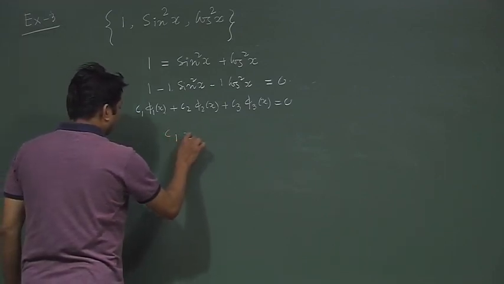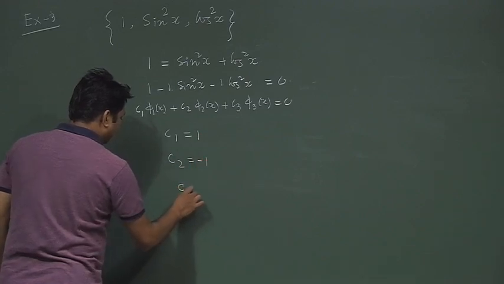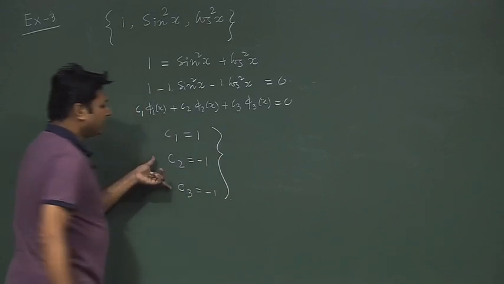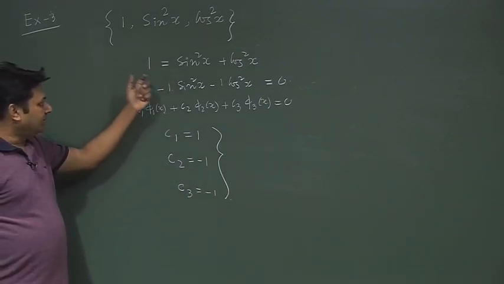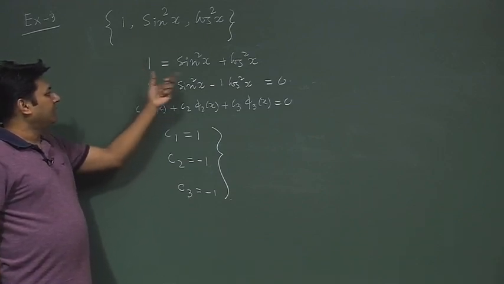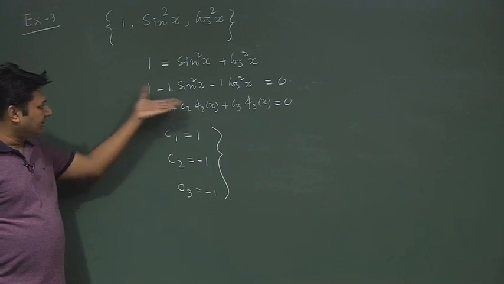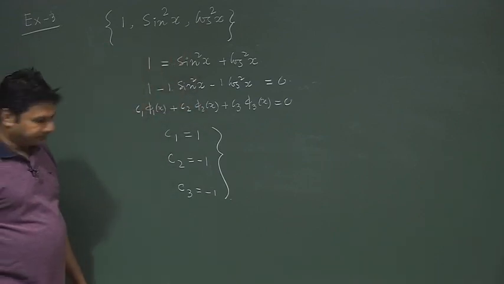C 1 is here 1, C 2 is here minus 1 and C 3 is here minus 1. So that means I have a non-trivial solution here for this equation, and since a function here, 1, can be represented in terms of the other 2, then we can readily say that this set of functions is linearly dependent to each other.